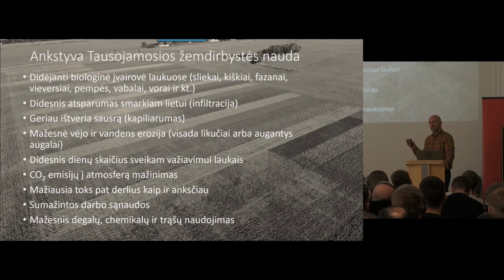We haven't lost any yield on our farm. The best yields for us have been in the last 7 years in all our crops. We've also had the worst yields in these years. 2018 was a catastrophic year for us.